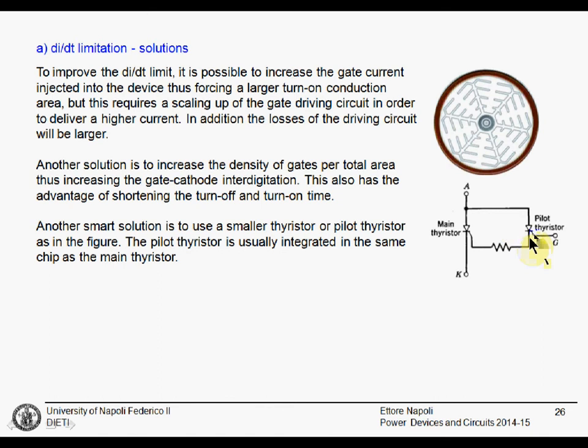Since this thyristor provides a lot of current, you can amplify the gate current in a certain way. This is the circuital model, but in reality you don't have a pilot thyristor separated from the main thyristor. You can have both of them integrated on the same chip. And this reduces the issue on the gate.